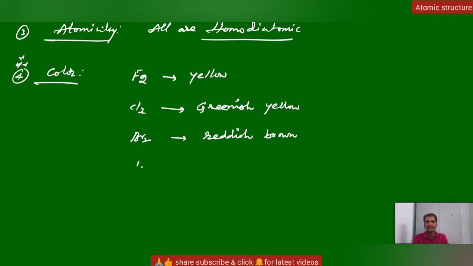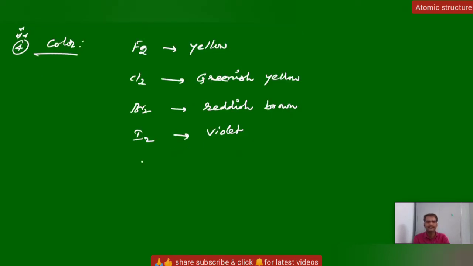And next, iodine is a solid and is violet in color. So these are the colors of fluorine, chlorine, bromine and iodine. From top to bottom, from fluorine to chlorine, chlorine to bromine, bromine to iodine, the color intensity is increasing. This color intensity we can explain based on their HOMO-LUMO gap. This we have studied at the time of chemical bonding, molecular orbital theory, HOMO and LUMO orbitals.